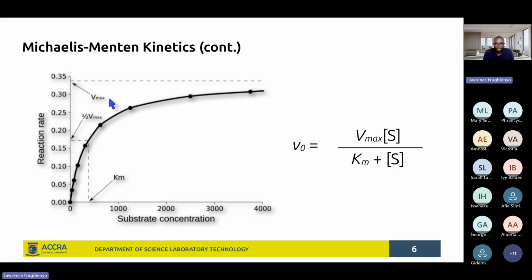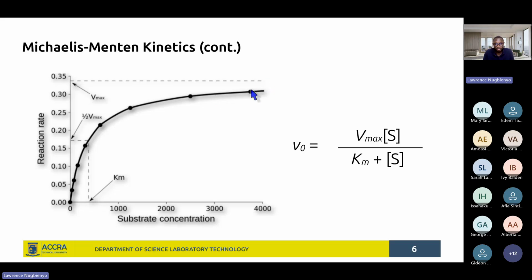See, the maximum rate of the reaction is the maximum rate that reaction can reach, because you see the curve plateaus. Whatever you do, even if you are adding more substrate molecules into that enzymatic reaction mixture, the rate of the reaction does not increase.